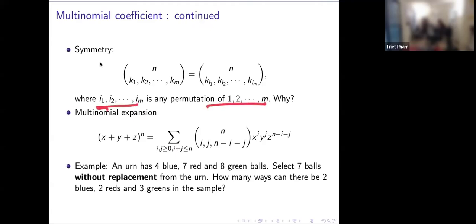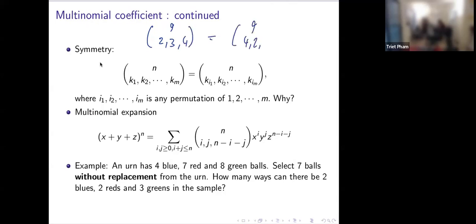Let's say 9 choose 2, 3, and 4 is equal to 9 choose 4, 2, and 3. If you say it this way, it's almost obvious. You try to divide 9 into subgroups of size 2, 3, and 4, so of course it doesn't matter how you write it.